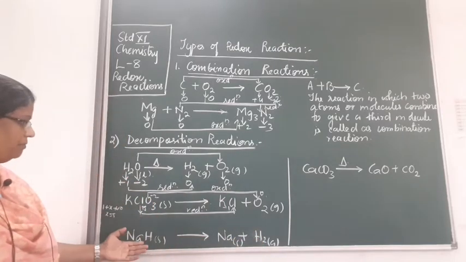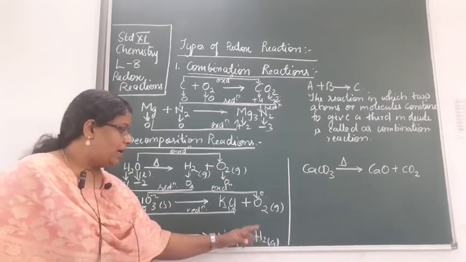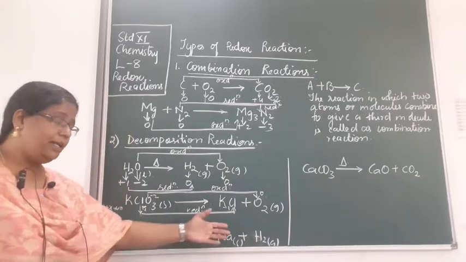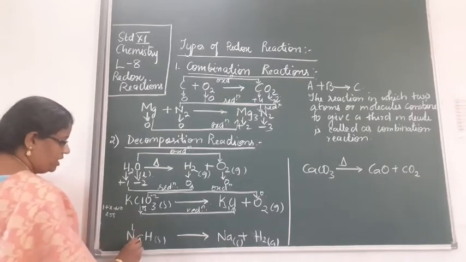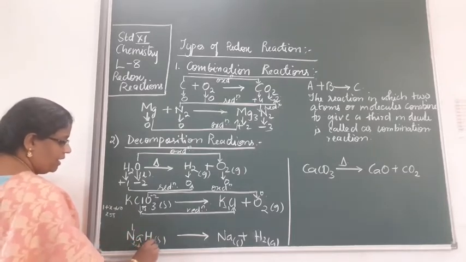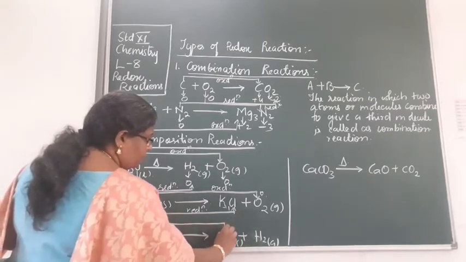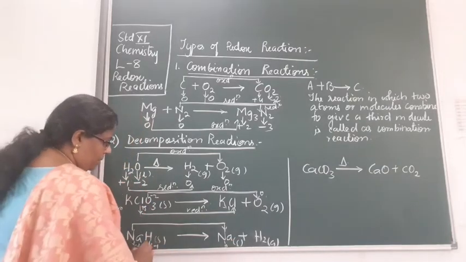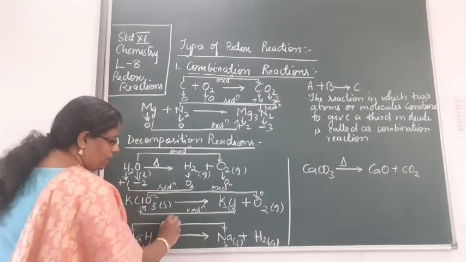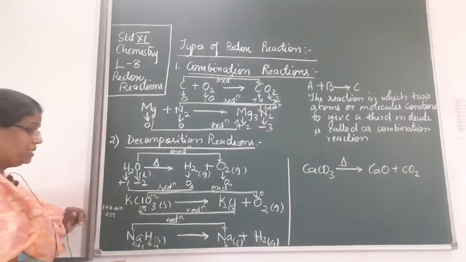ठीक है. Same way NaH goes into Na and H2. So Na यहाँ पे +1 oxidation state पे है, this is +1 and this is -1. Okay. So Na goes from +1 to यहाँ 0 oxidation state आ गया ना, तो ये +1 से 0 reduce हो गया, मतलब this is reduction, ऑक्सीडेशन नंबर का डिक्रीज है यहाँ पे.